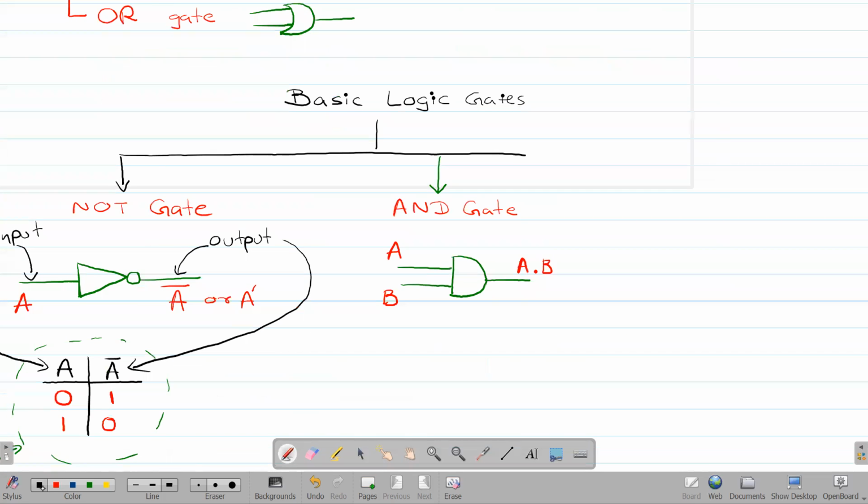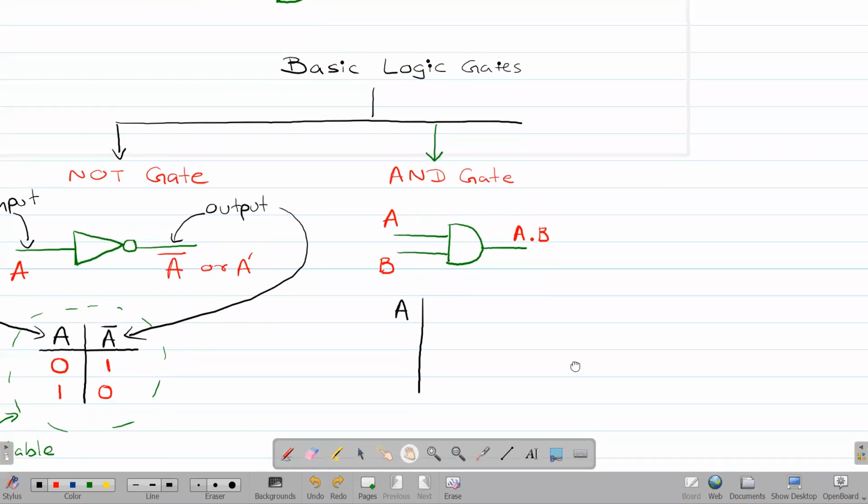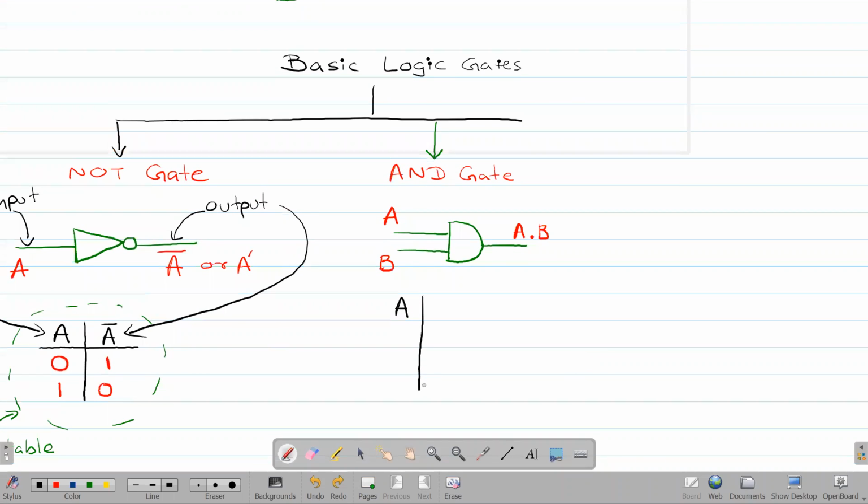So if you think about the truth table, it has A as the input, and it has another input called B. And we know A dot B indicates the output.